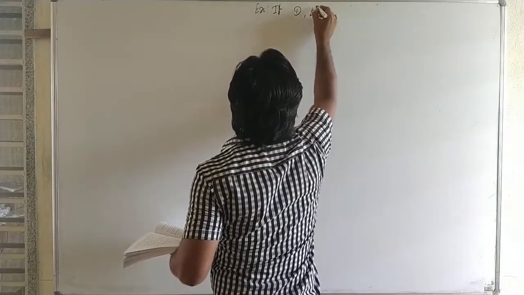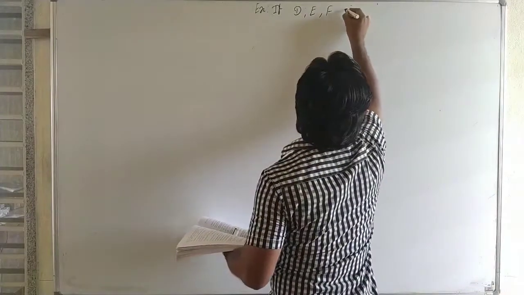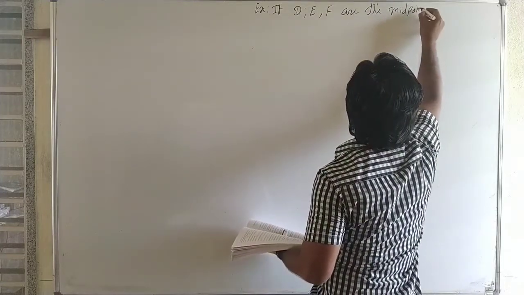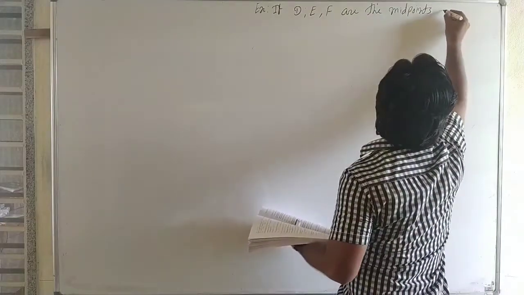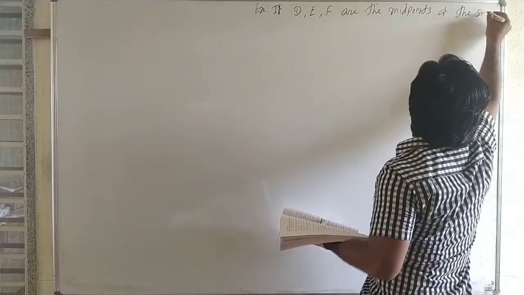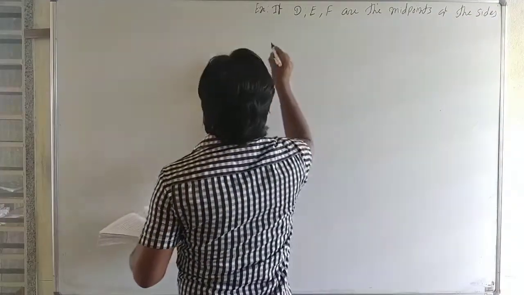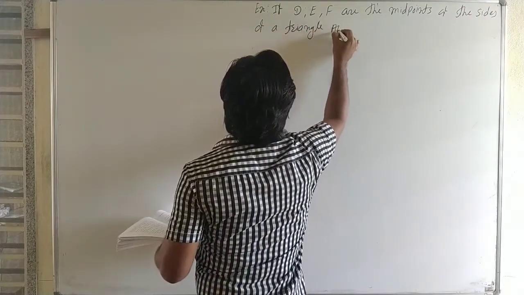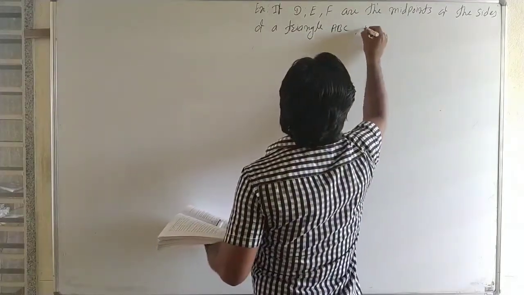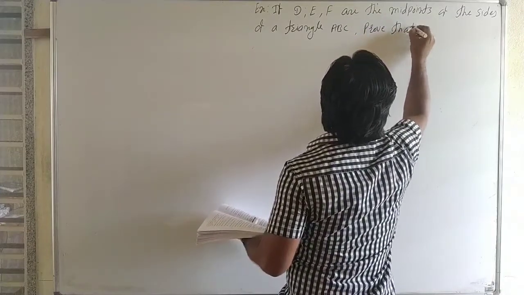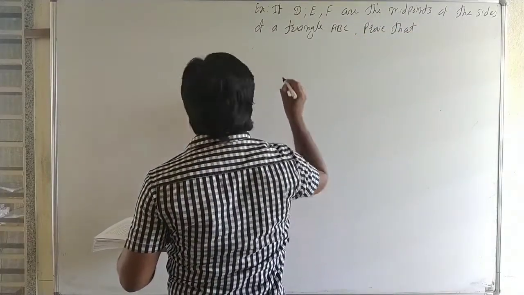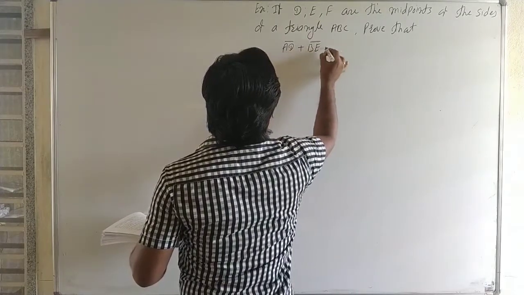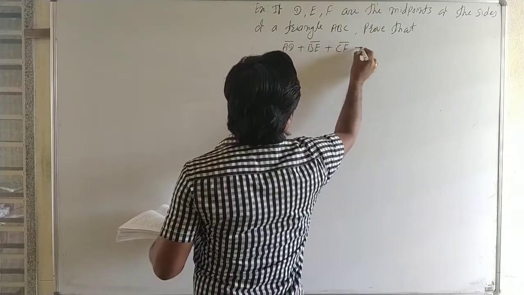If D, E and F are the midpoints of the sides of a triangle ABC, then prove that AD bar plus BE bar plus CF bar is equal to 0 bar.